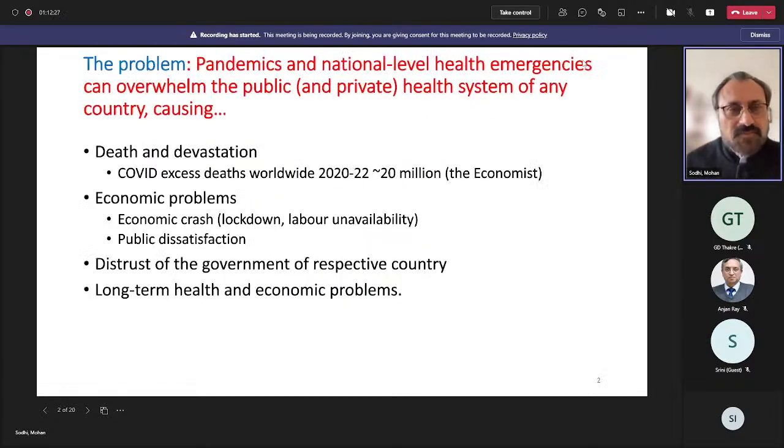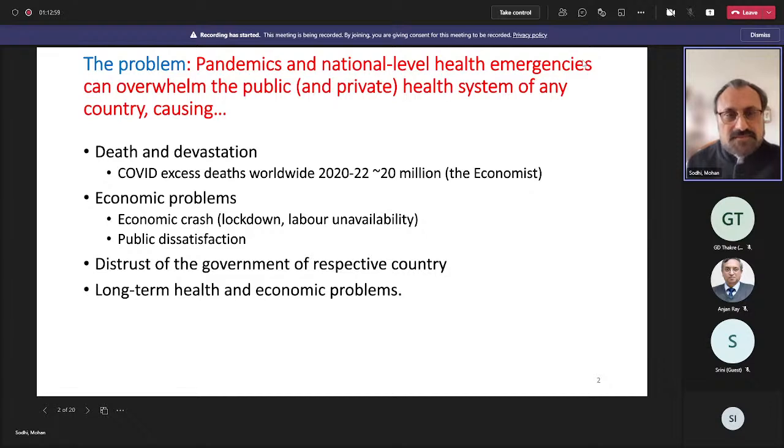So here's the problem, which we've seen in every country around the world, that pandemics and national level health emergencies in general can completely overwhelm the system. Whatever health system there is, in the UK we have the NHS, in India it's a private and public mix, in the US mostly private, the system gets completely overwhelmed, and the result is, of course, lots of deaths.